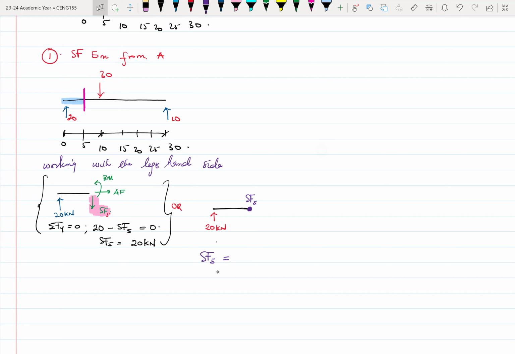Now, if you go to the sign convention, okay, the 20 kilonewton, let's look at it carefully. This 20 kilonewton is acting upwards. Okay? And it's also on the left of the point. Whereby this point is the 5 meters. Okay. So it is acting upwards and on the left of the point.